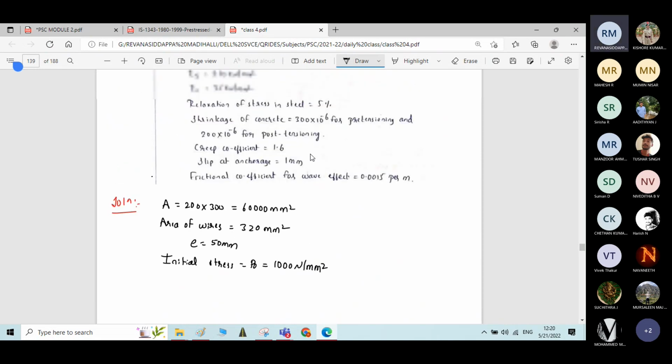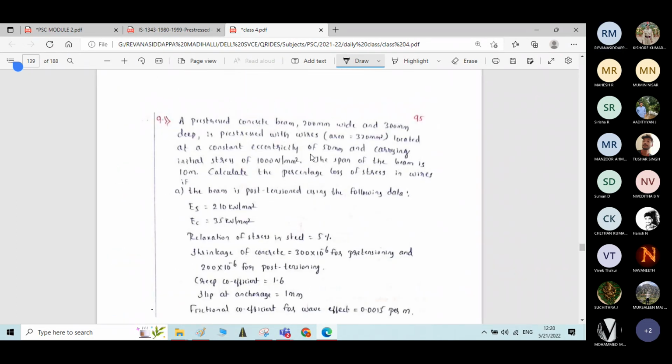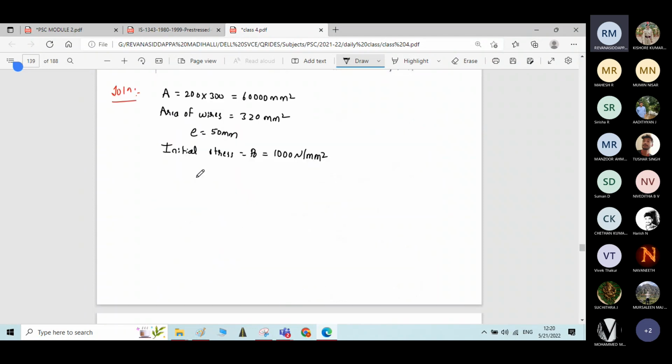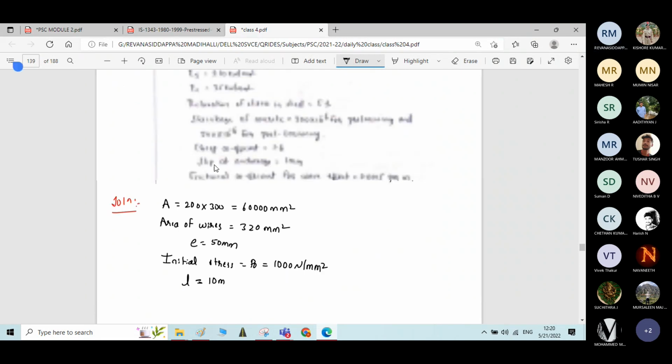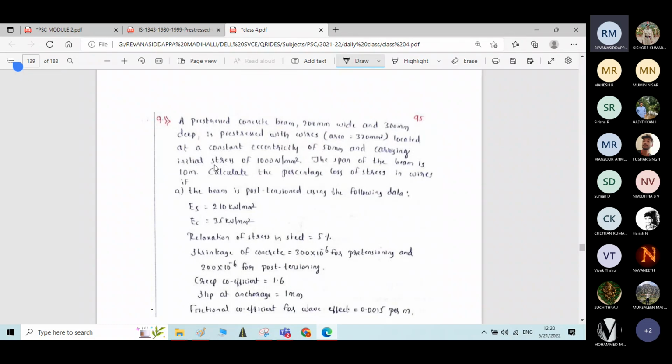Then the span of the beam is given. Length of the beam is 10 meter.